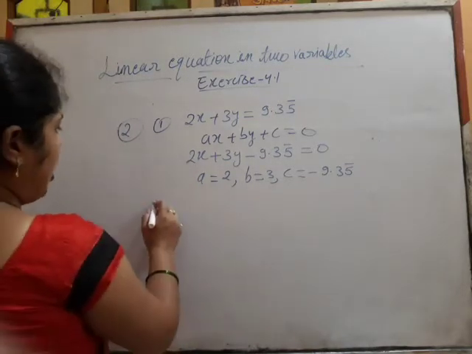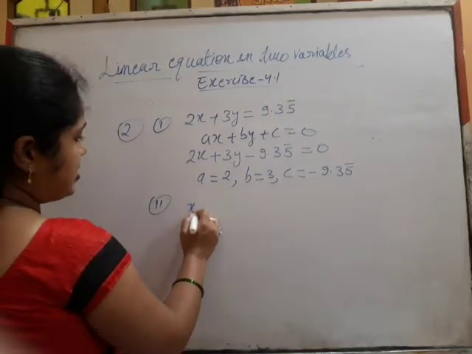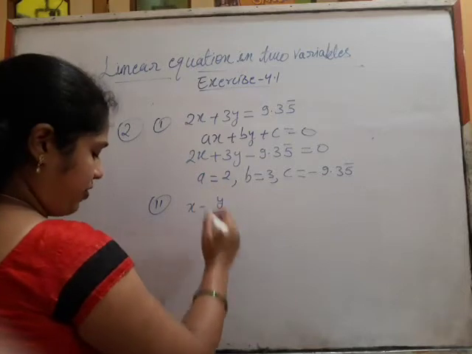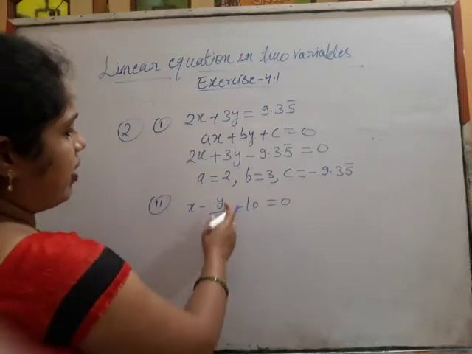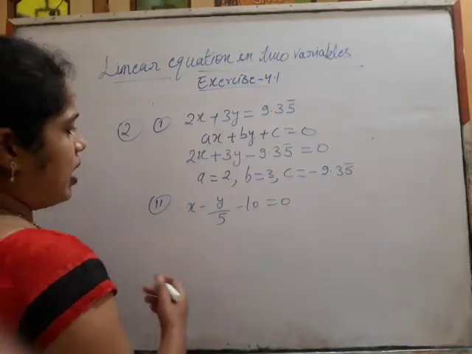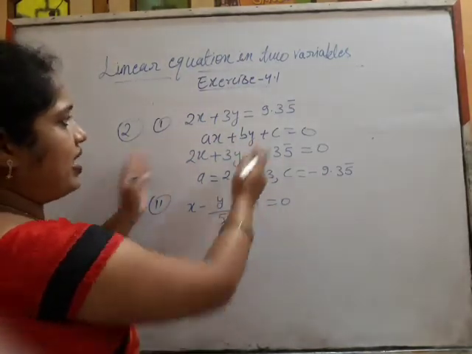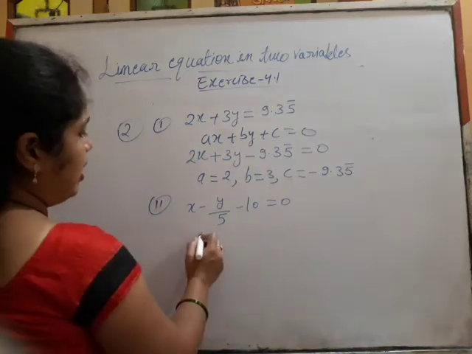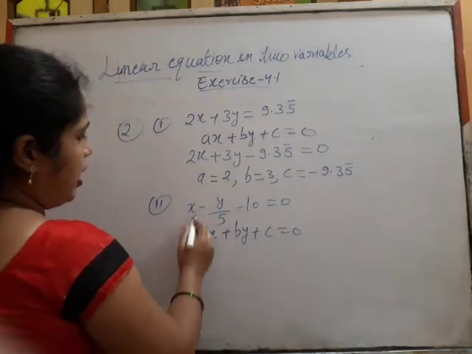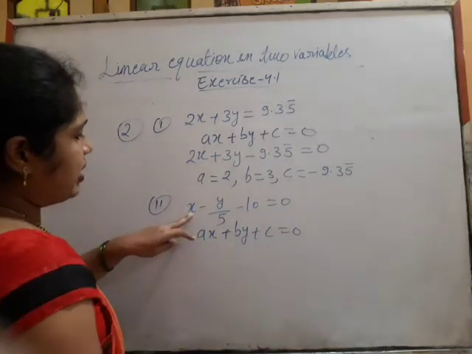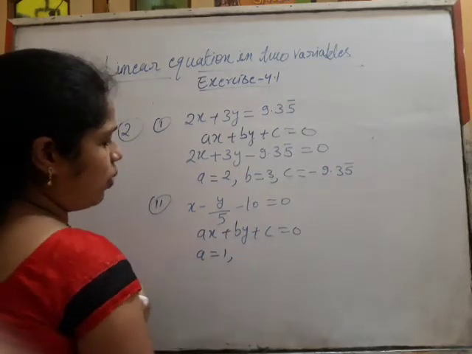Now another one, the second part: x minus y upon 5 minus 10 is equal to 0. Now everything is on the left hand side, so it is already in the form ax plus by plus c. The coefficient of x is 1, so a is equal to 1.